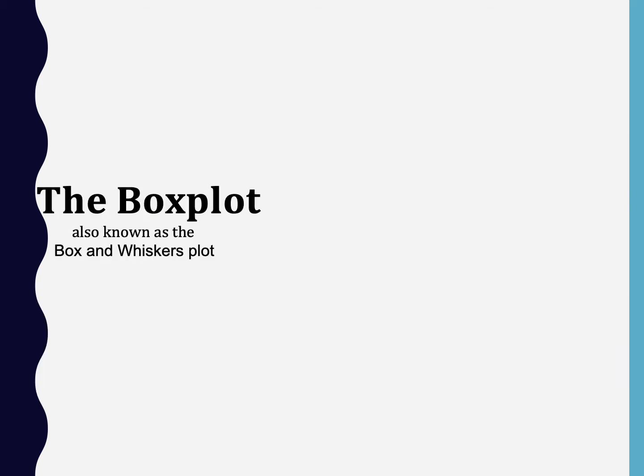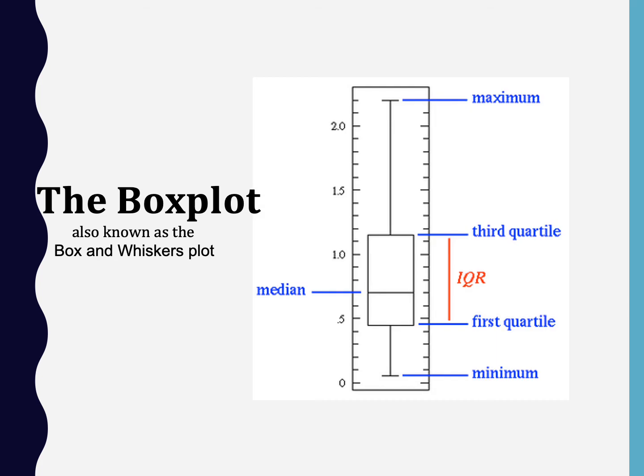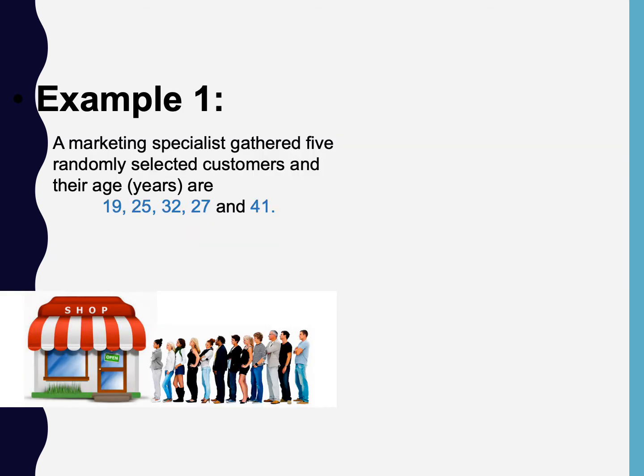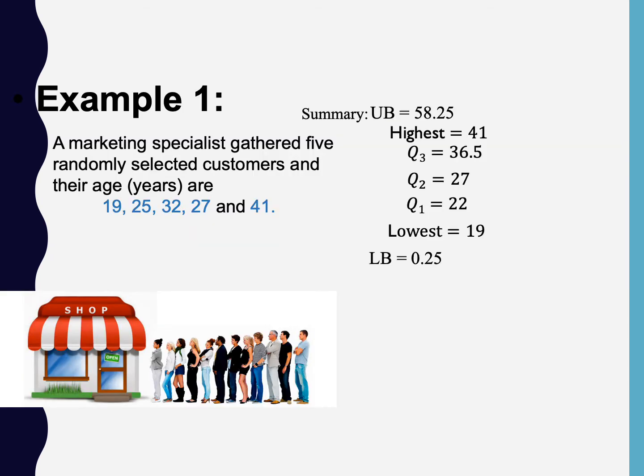The components of the box plot are the following. Now, constructing the box and whisker plot for this data set, you can actually use Excel or other statistical tool to generate its box plot.